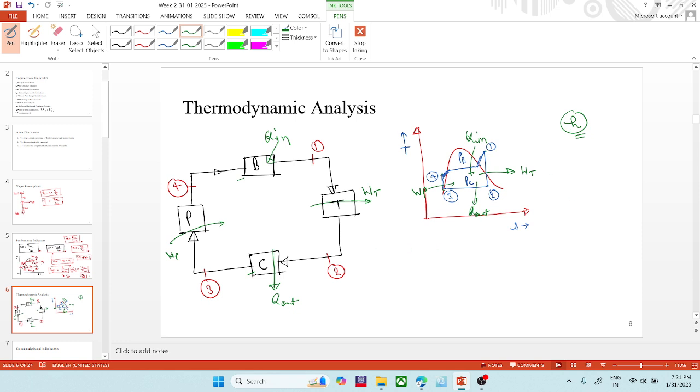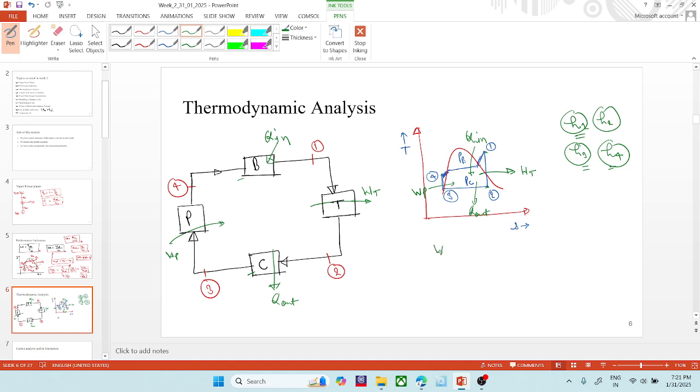If you look at point 1 to 2, suppose the enthalpy at point 1 is H1, at point 2 is H2, at point 3 is H3, and at point 4 is H4. So what will be the work done?